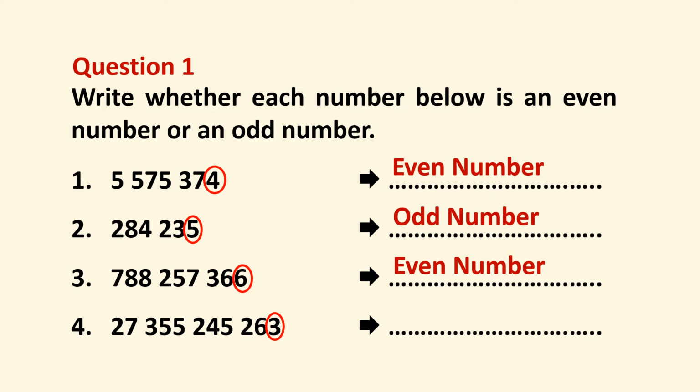So we know that 3 is an odd number. Therefore, I can say 27,355,245,263 should be an odd number. So I think you also got the answers correctly. Isn't that so?